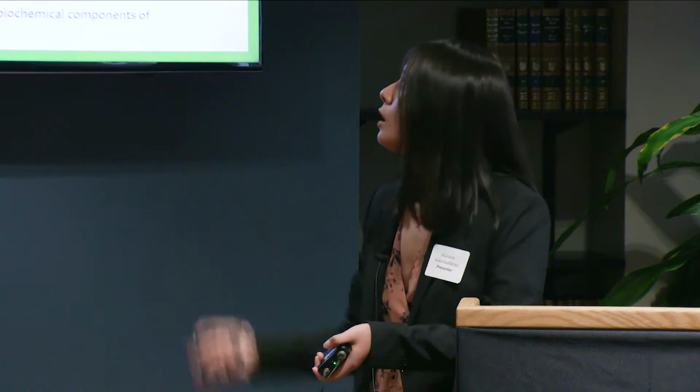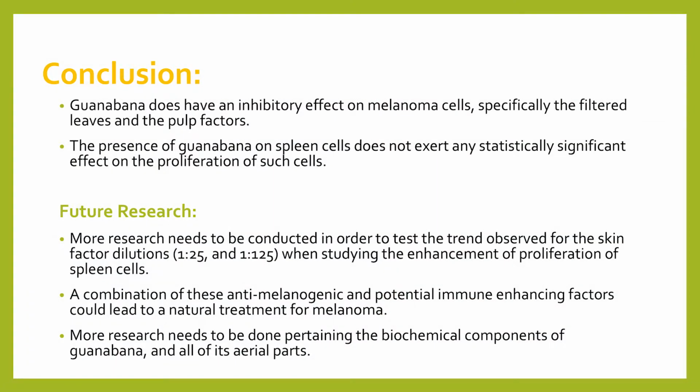So my conclusions for this research are that guanabana does have an inhibitory effect on melanoma cells, specifically the filter leaves, pulp factors, and the highest concentration of the skin factor.